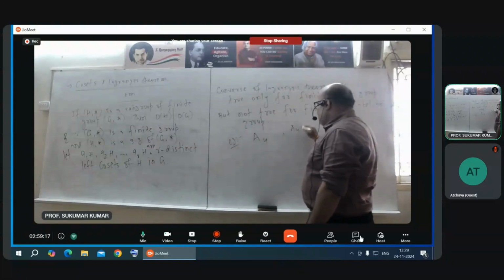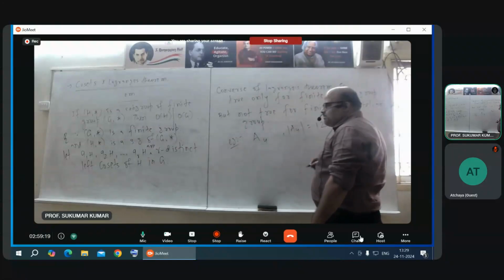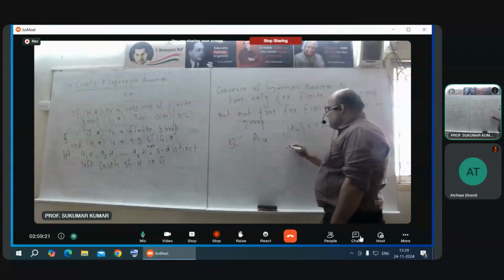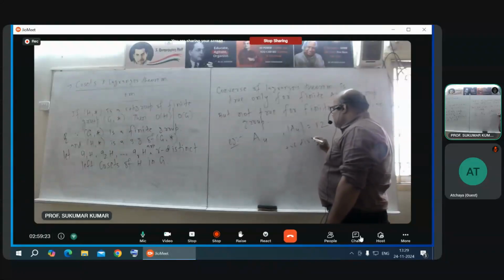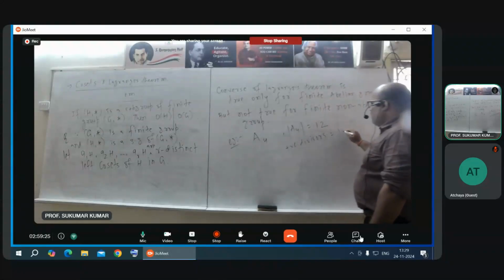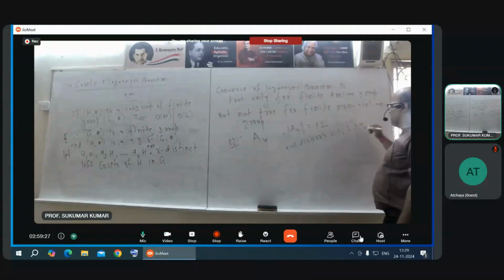A4 cardinality is 12. What are the divisors? 1, 2, 3, 4, 6, 12.